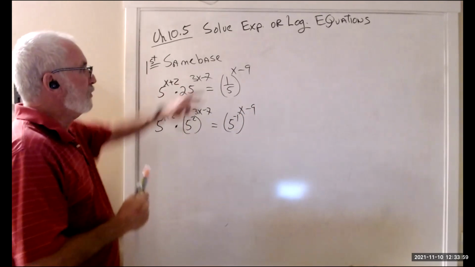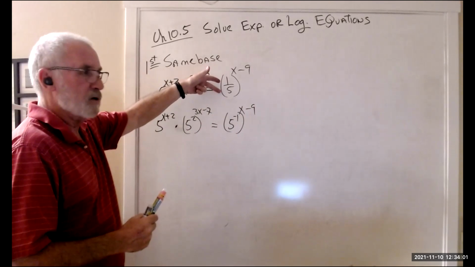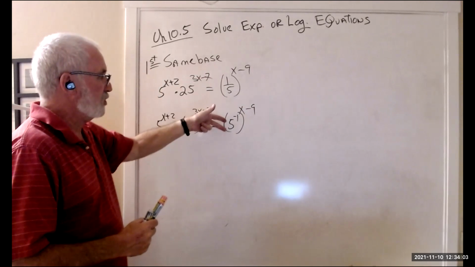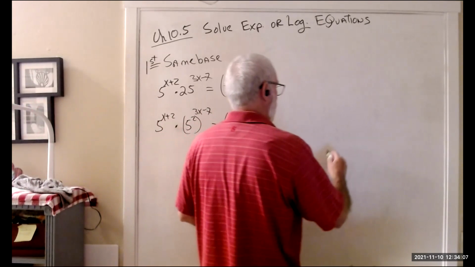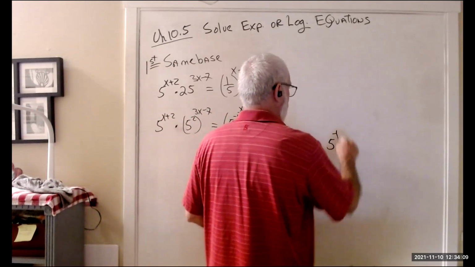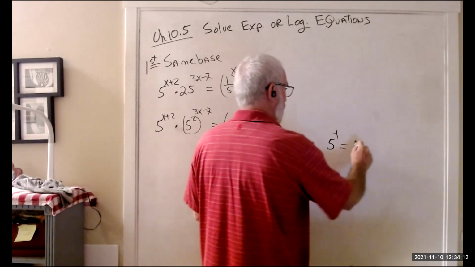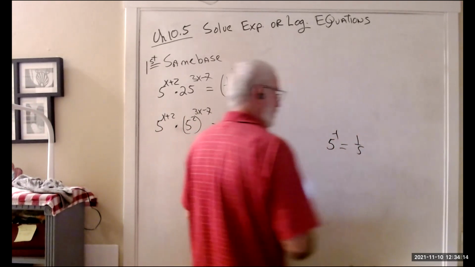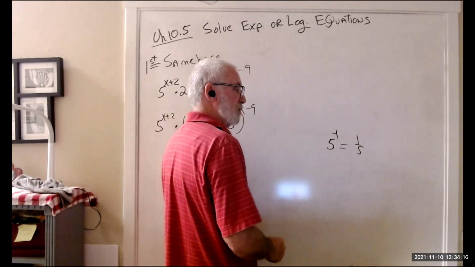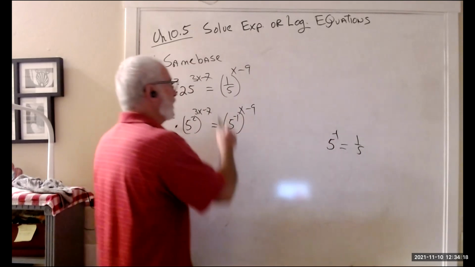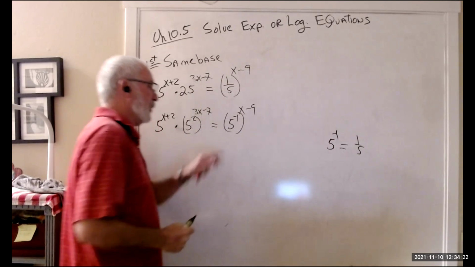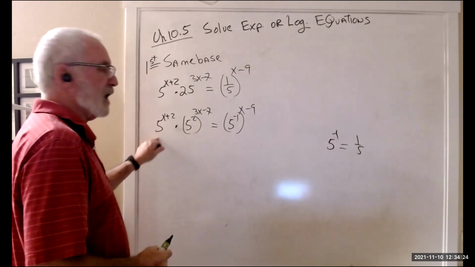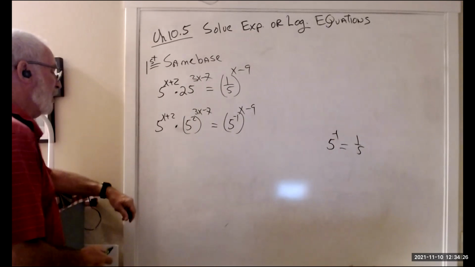To flip over the 1/5, you have to introduce the negative 1. Okay, way back in chapter 3 or 4, if we had 5 to the negative 1, you would say, oh, that's 1/5. Well, we're reversing that. If you have 1/5, that's 5 to the negative 1. But the key is we have to have them as all 5s, base 5.